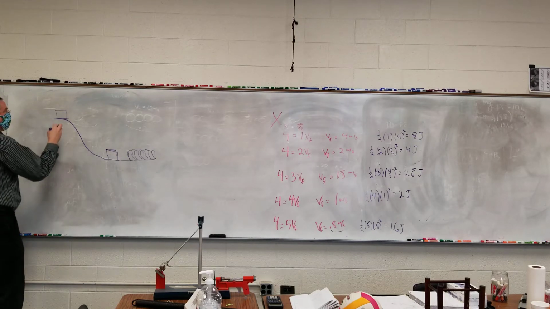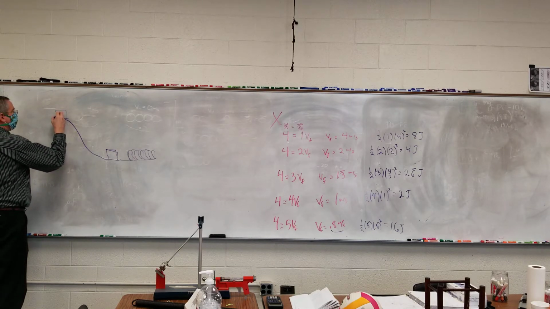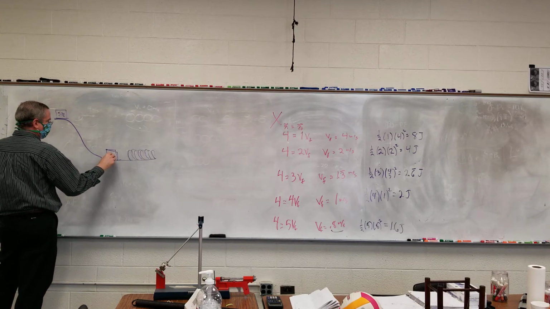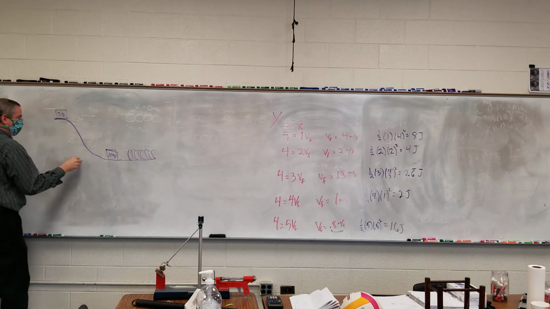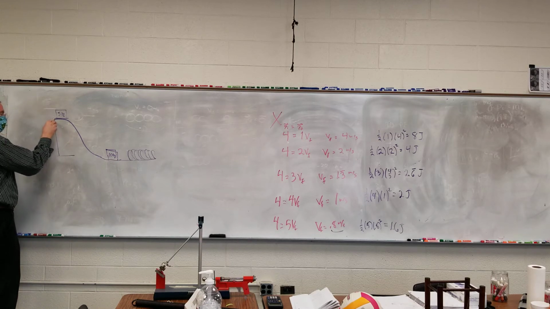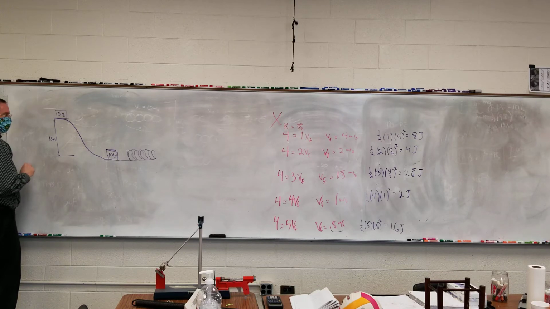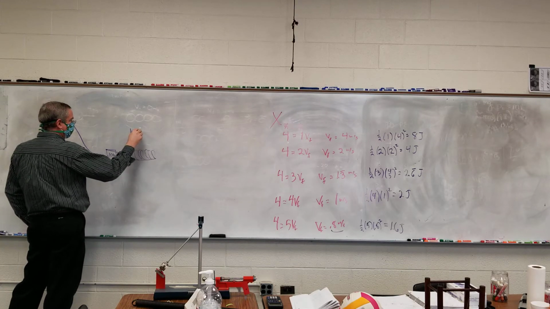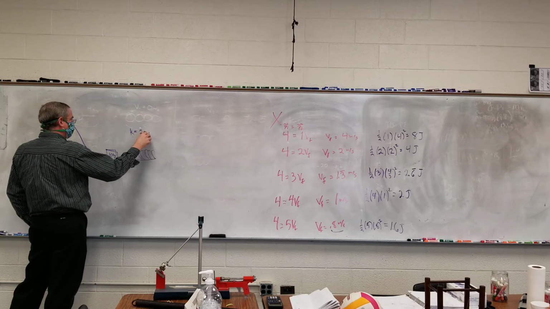What do we do? So we have 5 kilograms, 10 kilograms. Meters. Spring constant is, we'll make this 20 newtons per meter.